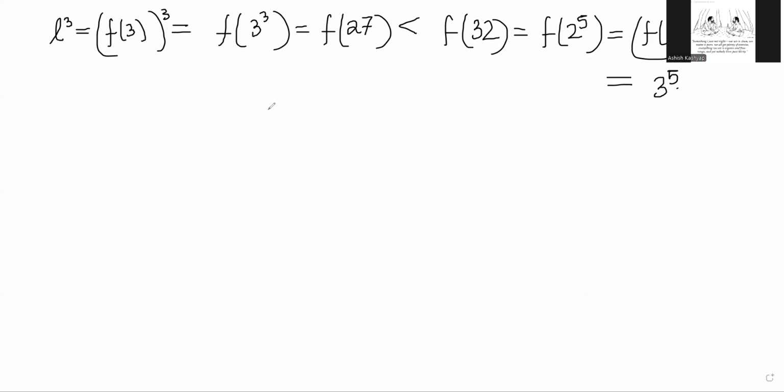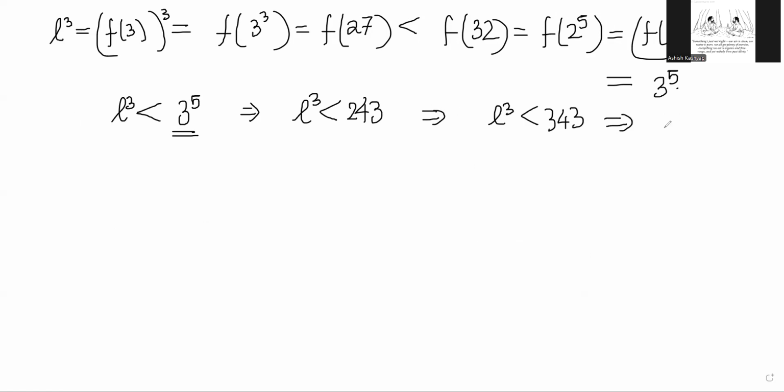So we are getting L cube is less than 3 power 5. L cube is coming less than 243, correct? 3 power 5 is 243. So clearly that implies that L cube is less than 343, or it implies L is less than 7.